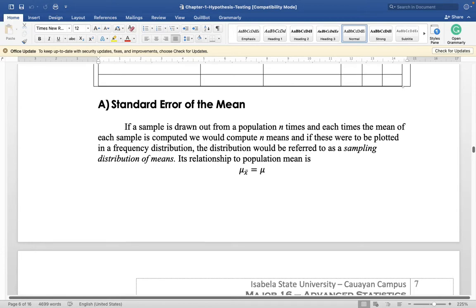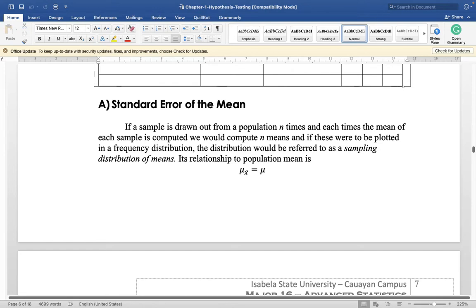So if a sample is drawn from a population n times, and each time the mean of each sample is computed, we would compute n means.